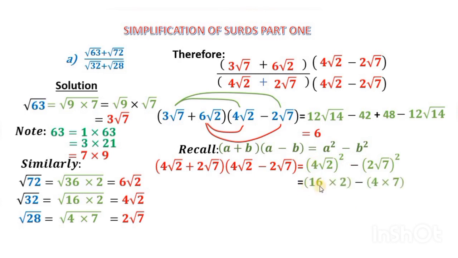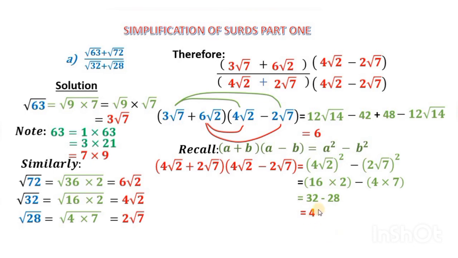Next, 4 squared gives us 16, root 2 squared gives us 2, and then 2 squared is 4, and root 7 squared is 7. 16 by 2, that is 32, and 4 by 7, that is 28, and therefore we'll have 32 minus 28, which gives us 4.